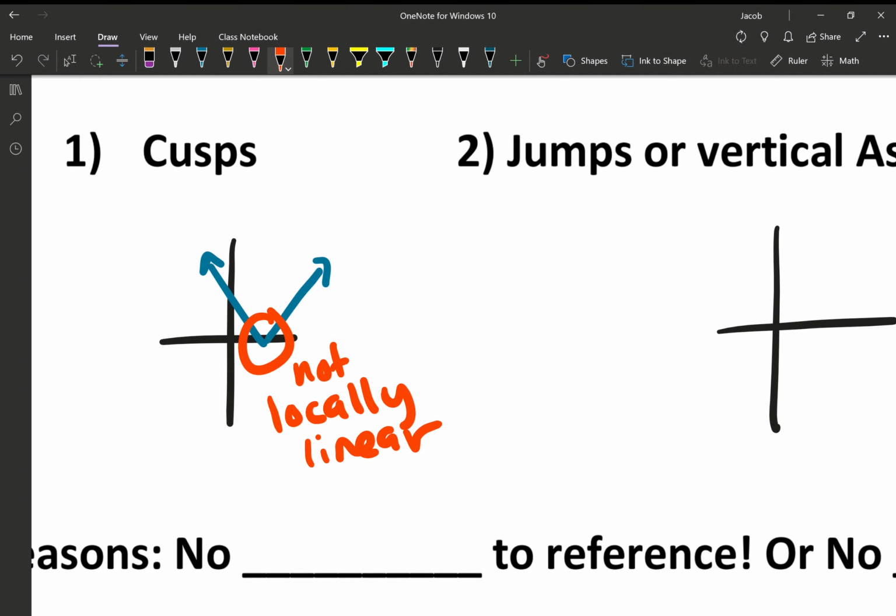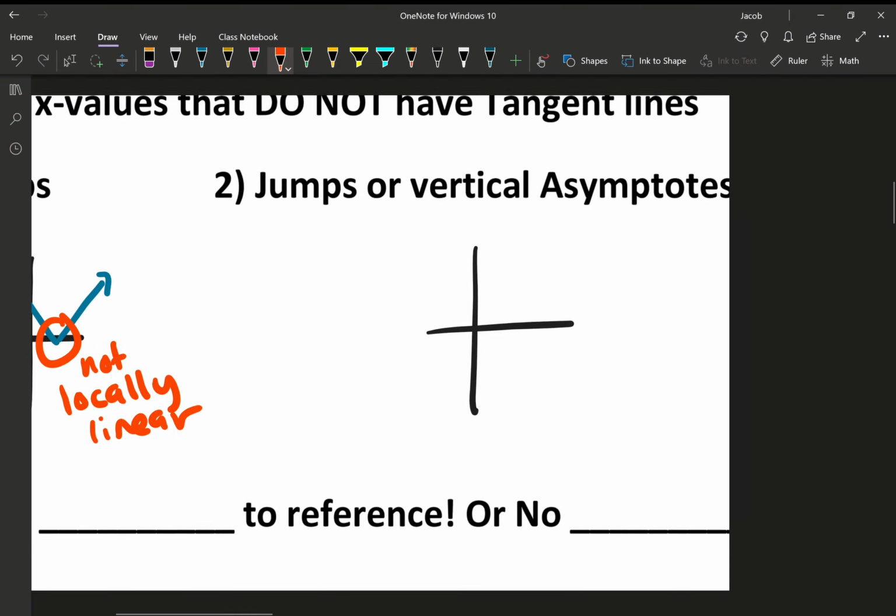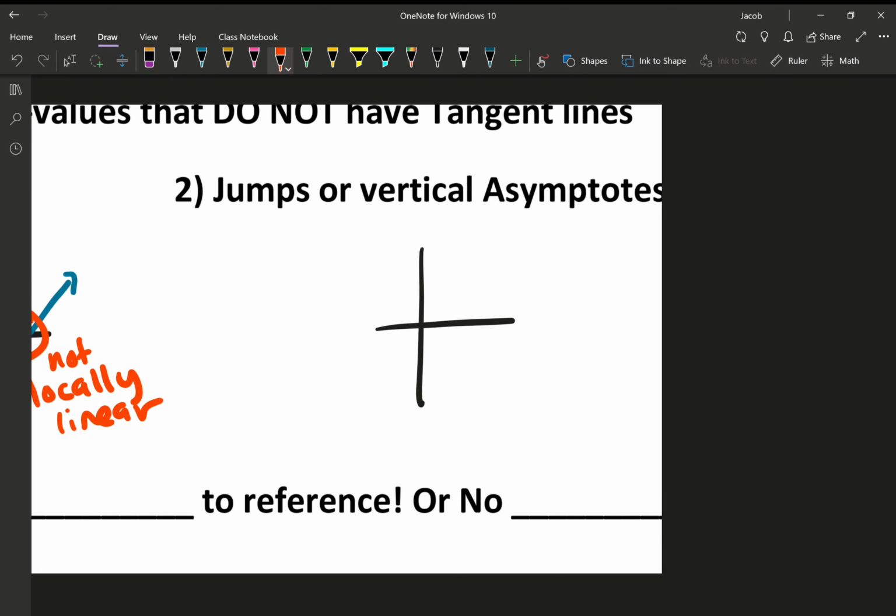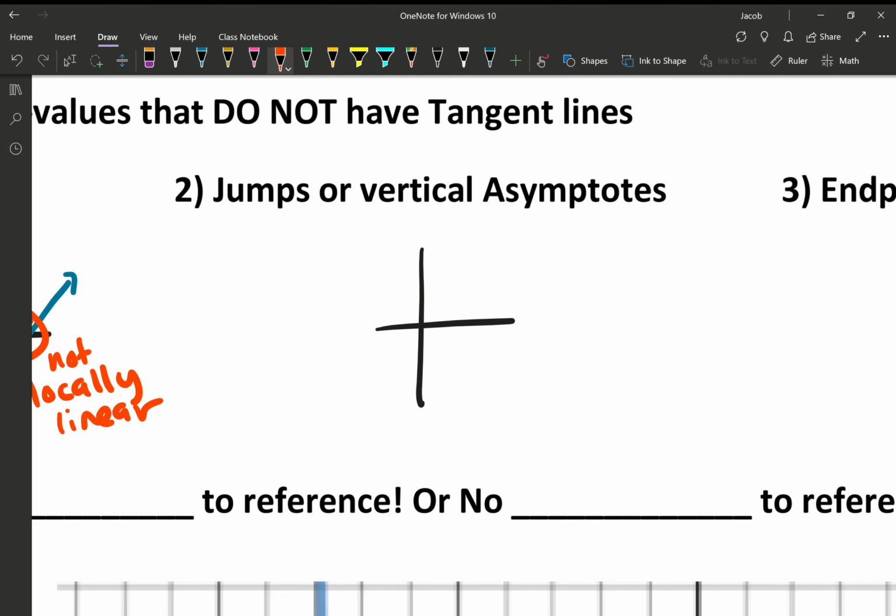There's no slope to choose from. With a jump or vertical asymptote, there's not a slope to choose from. There's not even a point to choose from with a vertical asymptote.